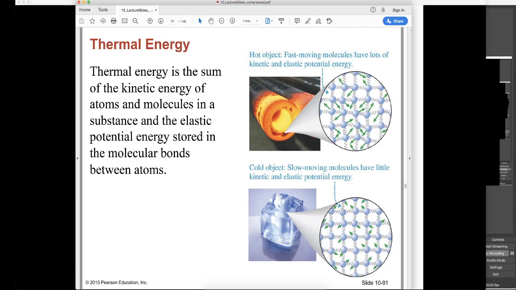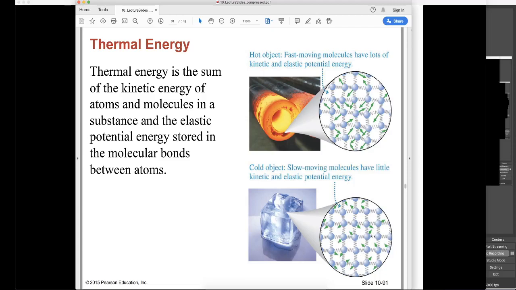So for the ice, the molecules in the ice are not moving as fast as in hot iron, and they don't vibrate as much as in hot iron. Then the kinetic energy and the potential energy of the molecules in the ice is lower. That's the microscopic view, and it means low temperature.